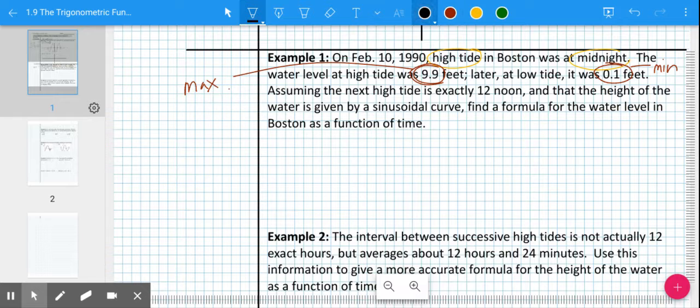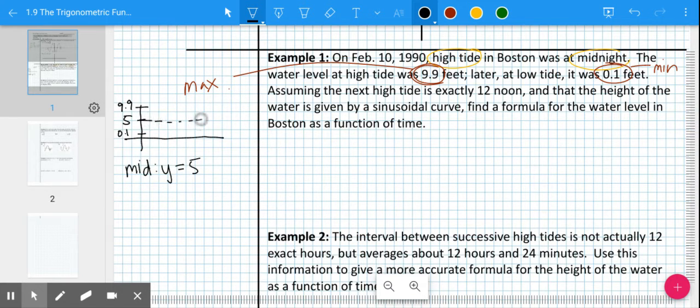If I'm trying to imagine what this looks like graphically, the max is going to be up here at 9.9. The minimum is going to be down here at 0.1, which means the perfect middle between these should be right at 5. So I'm expecting my midline to be at y equals 5.